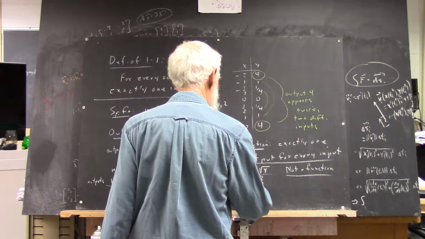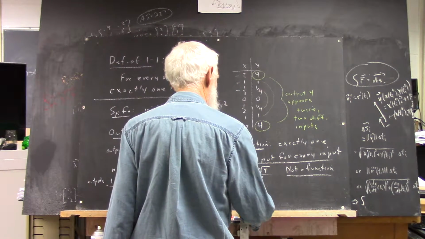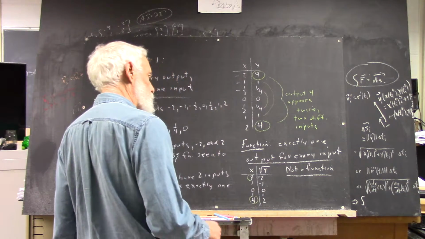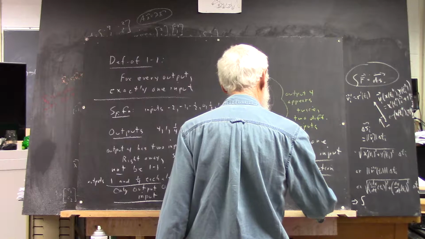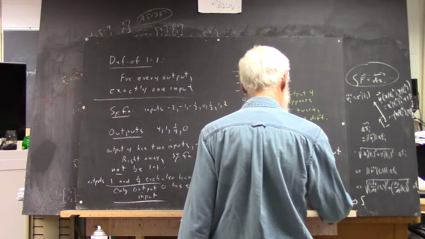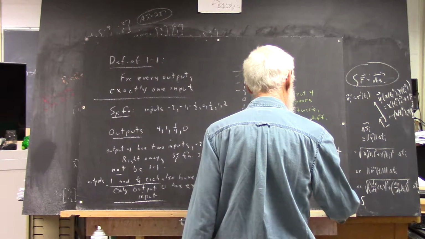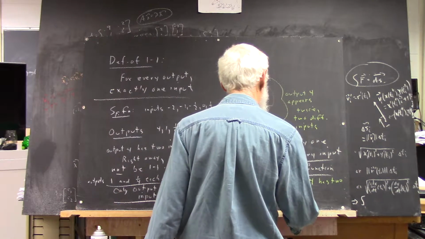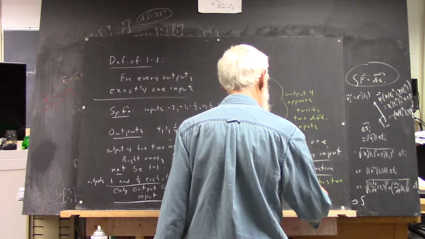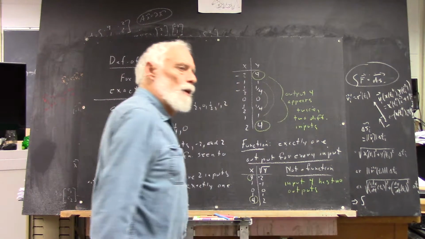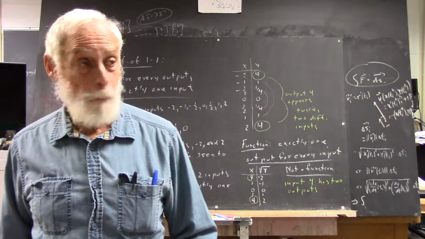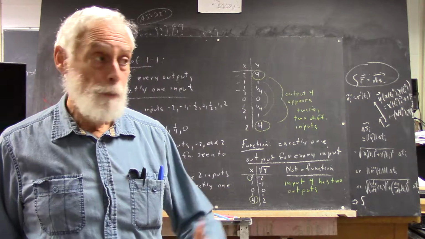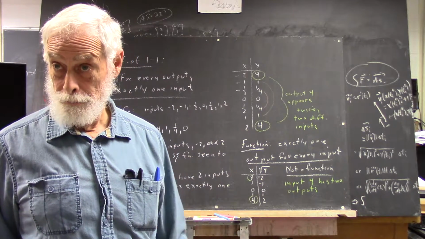Here we have input 4 has 2 outputs, so we can't answer the question, what does this function give us if x equals 4, right? Could be 4, could be -4.